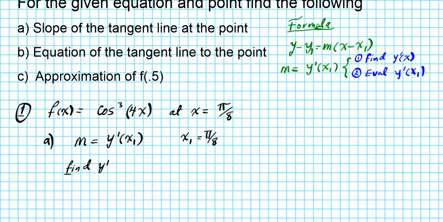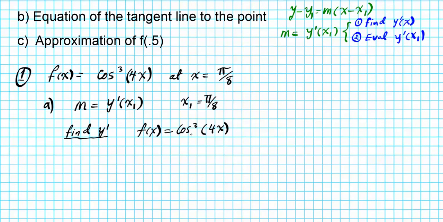Okay, now to do that, we have the function f of x equals cosine to the third of 4x. Now, when you're dealing with powers of trig functions, you always want to rewrite it in a way that shows the appropriate composition of the functions.